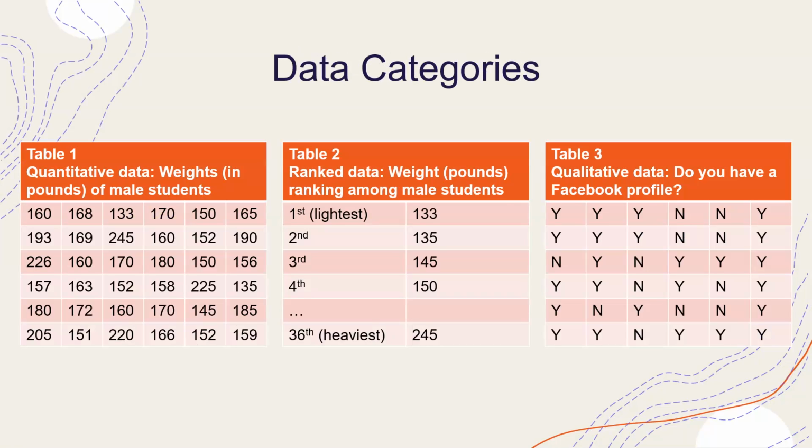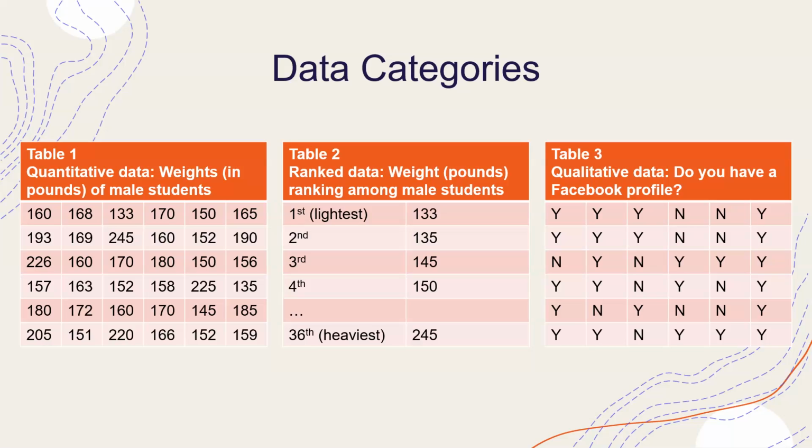For example, the weight reported by 36 male students in Table 1 are quantitative data, since any single observation, such as 160 pounds, represents an amount of weight.